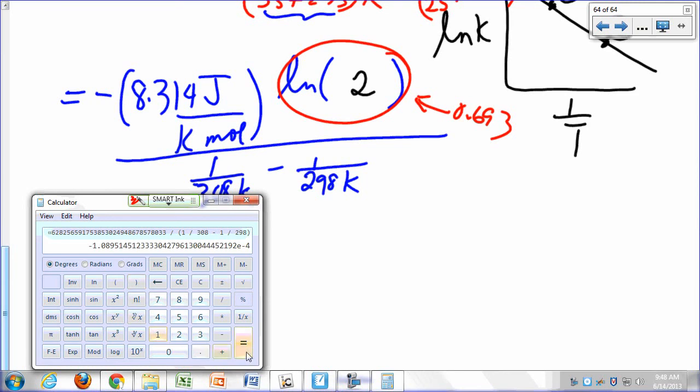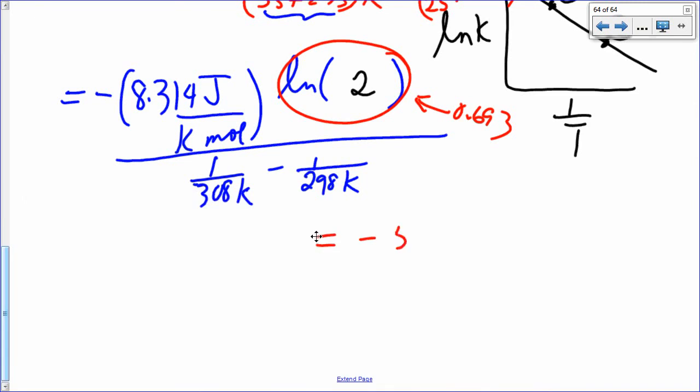That's it. Equals negative 52,893. I'm just going to keep 3 sig figs here, so 52,900.